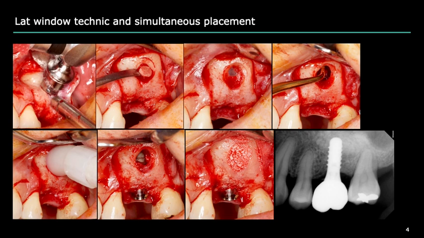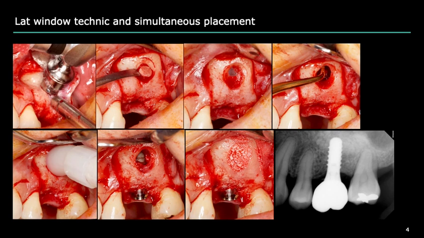I think one of the best advantages of this technique is you can hold the surgical field in your hand. You can control things happening, and any intraoperative complication can be witnessed.